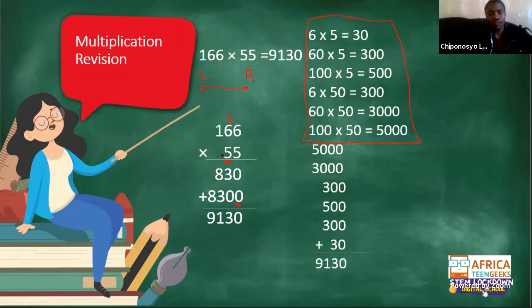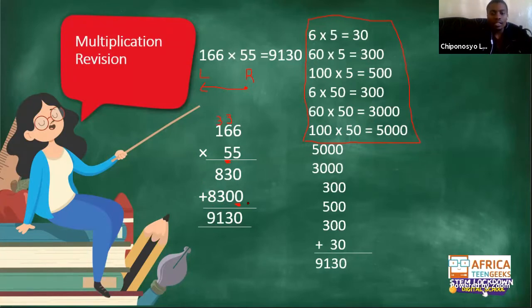Put the 3. 5 times 6 again, it's 30 plus 3 is 33. So I put the 3. Then I carry over the 3 again. 5 times 1 is 5 plus 3 is 8. So it's 8,300.